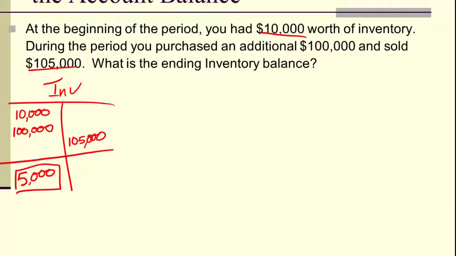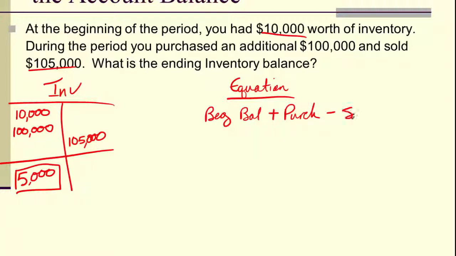They prefer to see an equation, and that's doable as well. So if you prefer the equation, it looks like this. We take our beginning balance, and you remember we had a generic equation, plus additions minus subtractions equals ending. We're going to change the wording here. In this case, what we add are our purchases, what we subtract are our sales, and that will give us our ending balance.